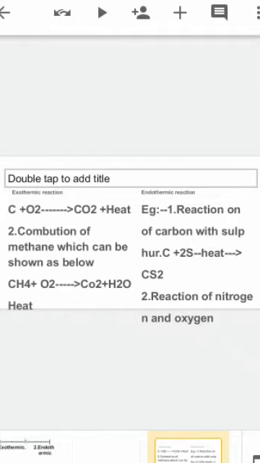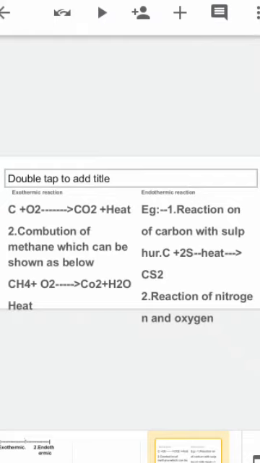Here, look here, methane has one atom of carbon and four atoms of hydrogen, and two atoms of oxygen. It gives CO2 and water. So in this reaction heat is evolved.